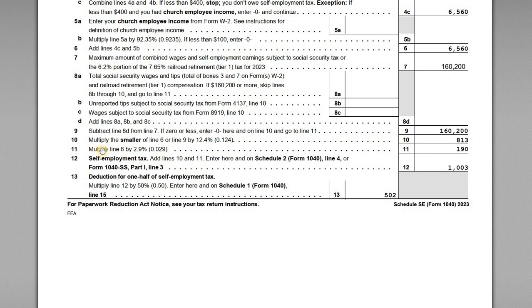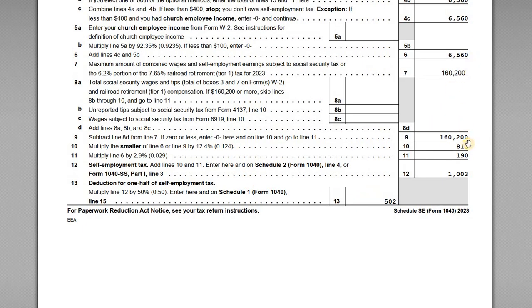So that value is placed on line 7. And so on line 10, we multiply the smaller of 6 or line 9 by 12.4%. So that's the Social Security amount. So the smaller of 6 or line 9 is $6,560. So we would take our $6,560 times 12.4%, and we're left with $813.